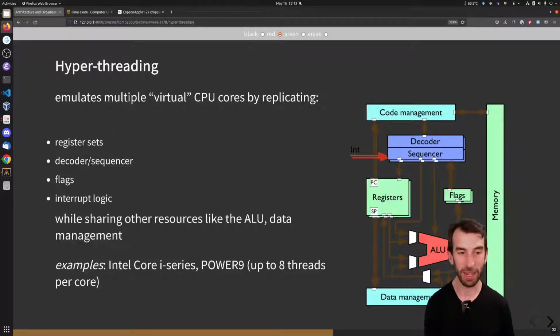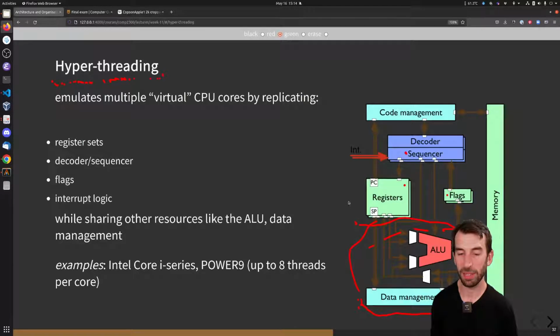Another idea, hyperthreading. This is another thing which is typical on modern CPUs. So the idea of hyperthreading is that you replicate another part of your CPU. Broadly speaking, you replicate the registers, the flags, and the code sequencing and decoding parts, but you keep all the other stuff the same.